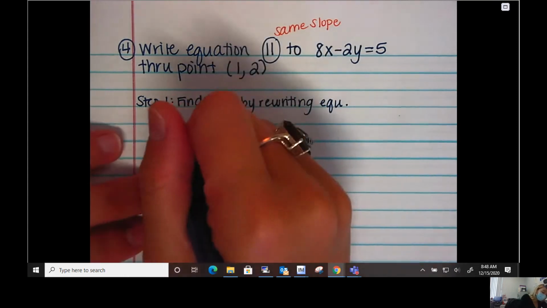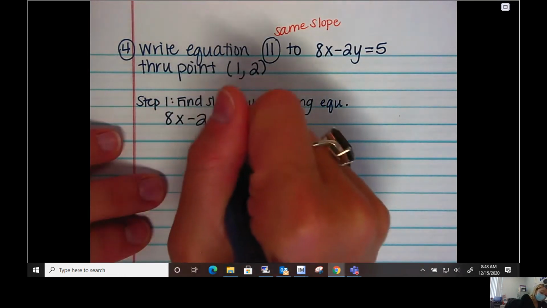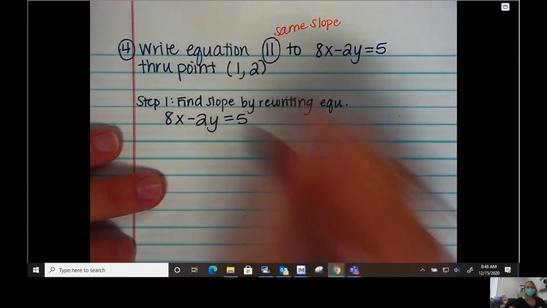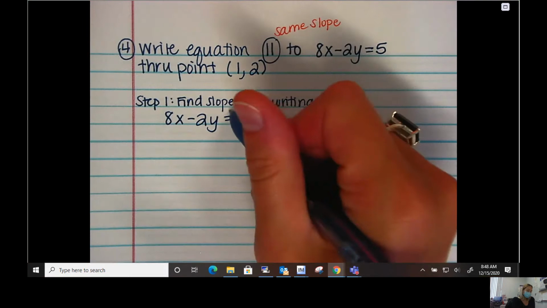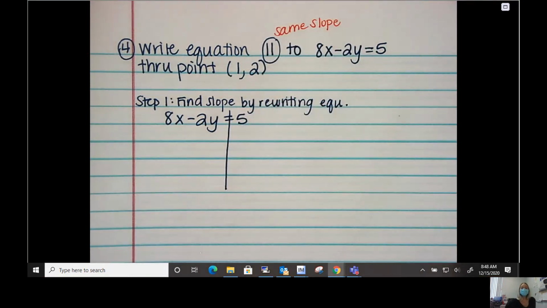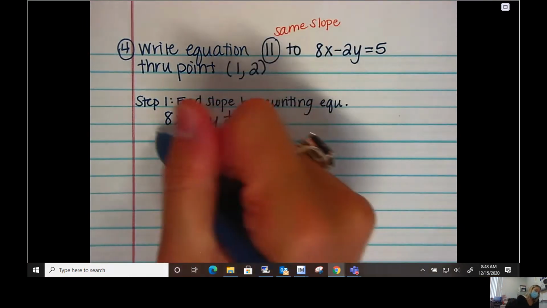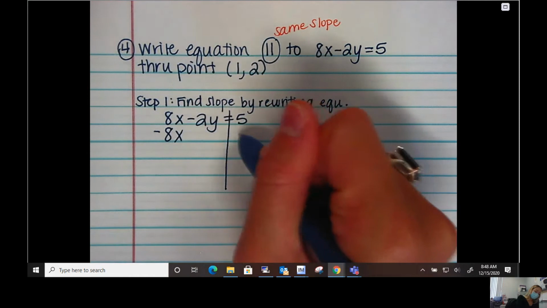So we're going to rewrite the equation 8x minus 2y equals 5. Just like the last problems we did, I want to get the y all by itself. So what should I do first? Good. Minus the 8x from both sides.